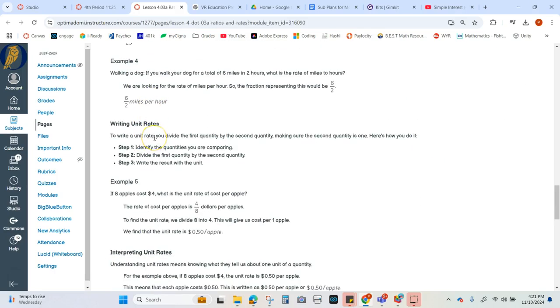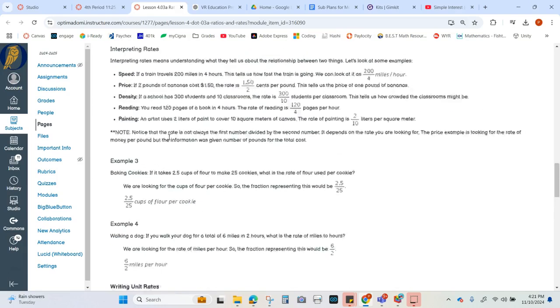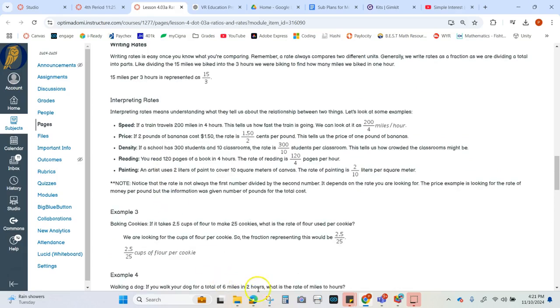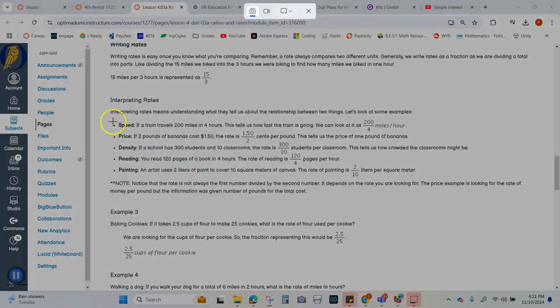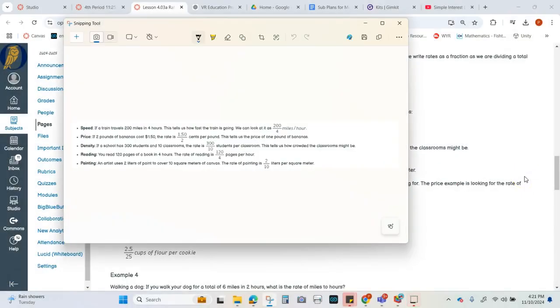But unit rates is where it gets different, because that's when you start to talk about how many feet per mile, how many jumps per second. So let's turn all of these rates into unit rates. So here's a rate, but to get a unit rate, our lesson page told us to do the first number divided by the second number.